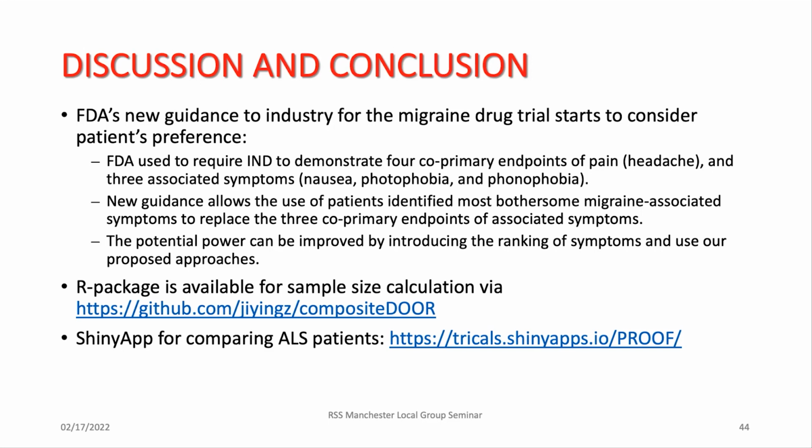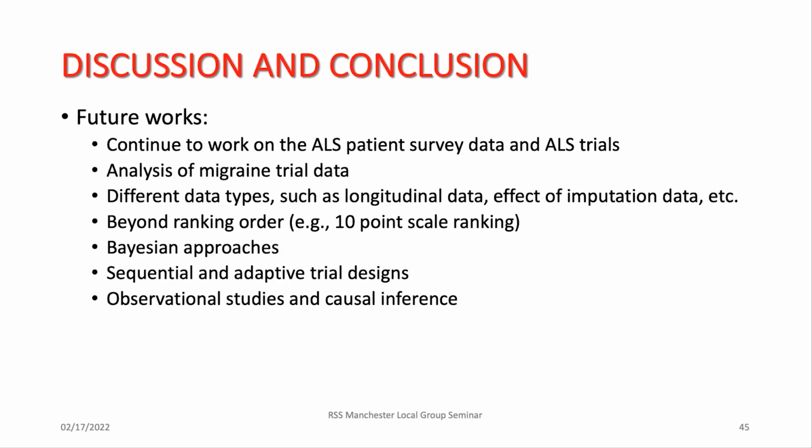We have our package available for sample size calculation, and also a Shiny app for ALS where, if you put in the patient's values, it calculates the ranking order for you.